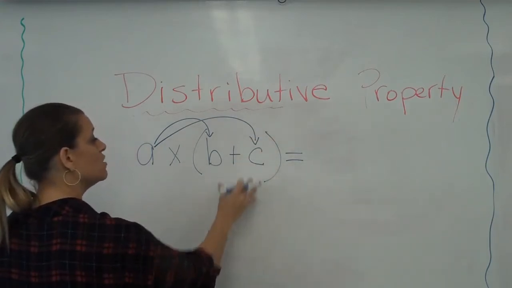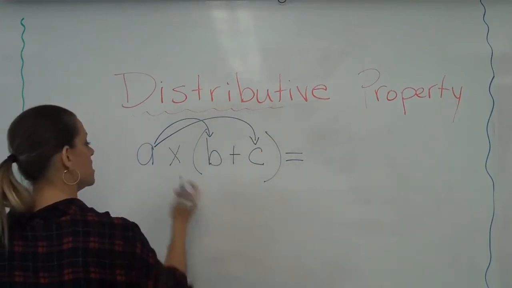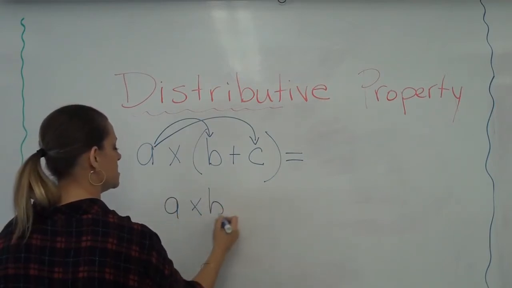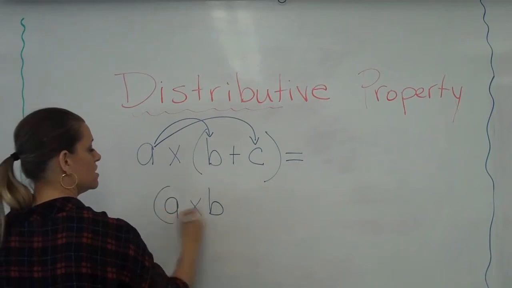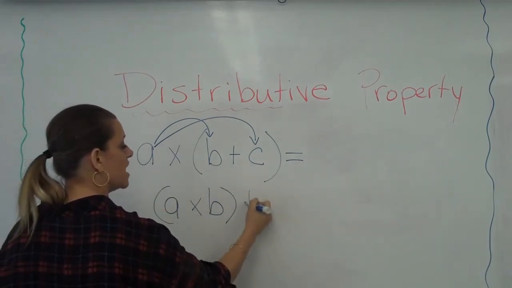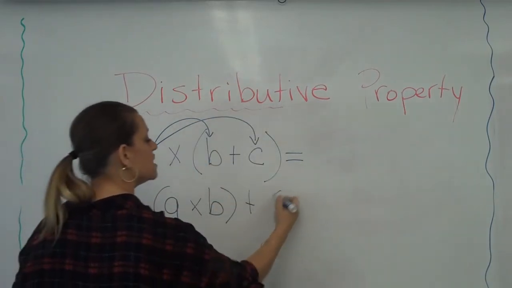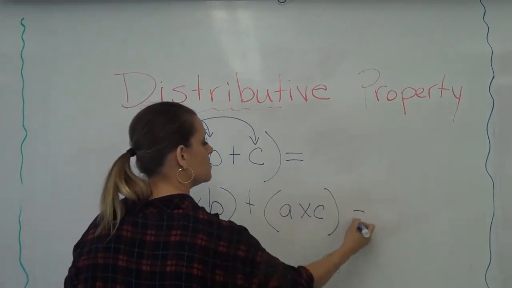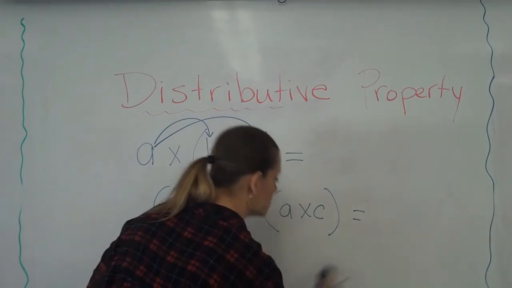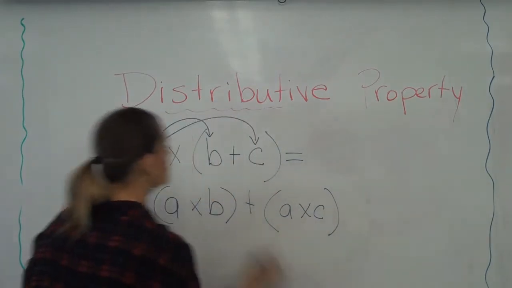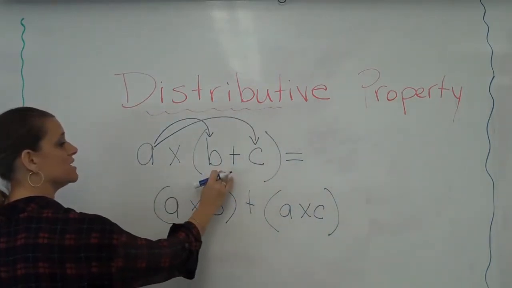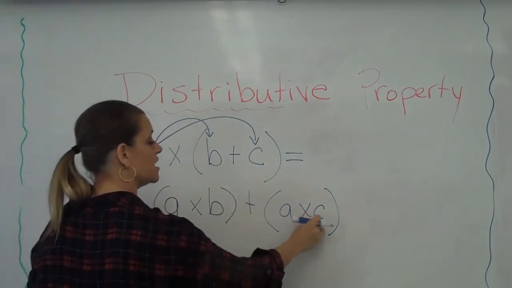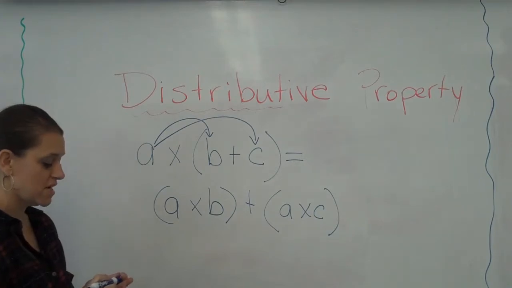So this would look like, I'm going to write it down here, A times B, so we distributed it in, parentheses, plus, we're putting the A in, A times C. And we're saying that that is the same thing. That A times B plus C is the same thing as A times B plus A times C. Take a moment, write that down.